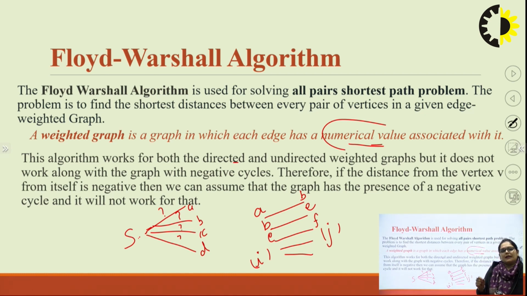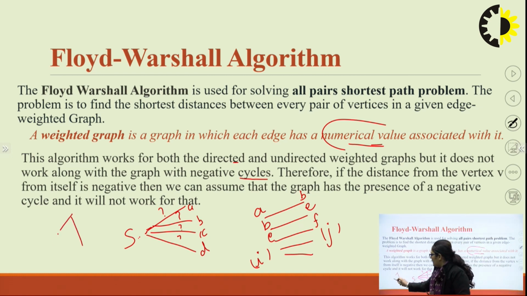But there is one limitation of the Floyd-Warshall algorithm, that is, it doesn't work with a graph having negative cycles. For example, we have a cycle of three edges in your graph, that is edge 1 having cost or weight -1.